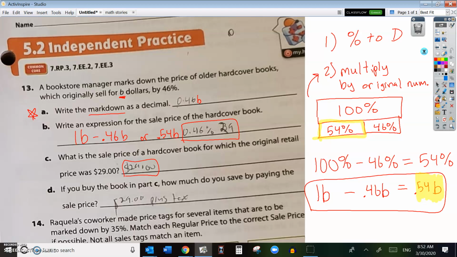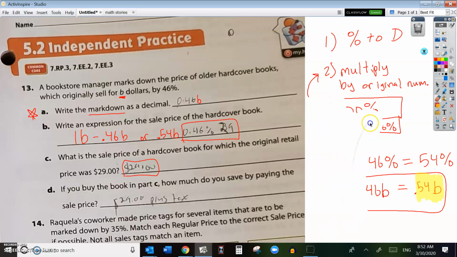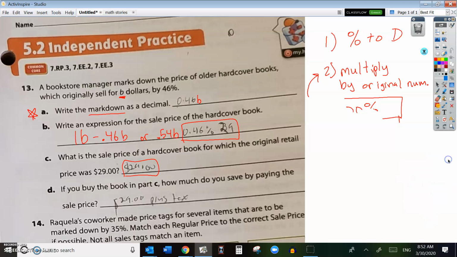So let me clear off some space here. Okay, we've already done step 1. We've already converted our percent to a decimal by dividing by 100, and now we're going to multiply our decimal by our original price. So 29 is our original number. That's how much the book was, but you're only paying 54% of that 29.